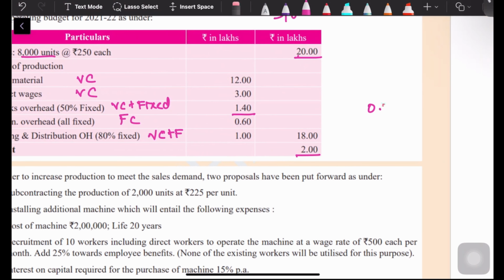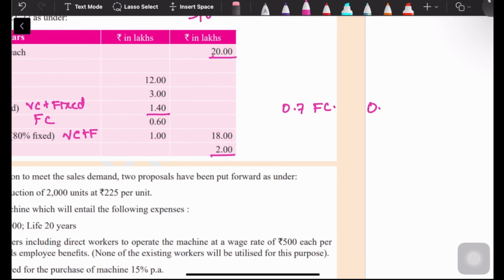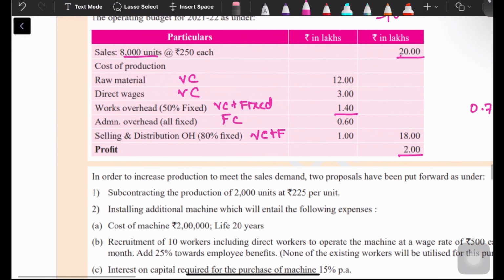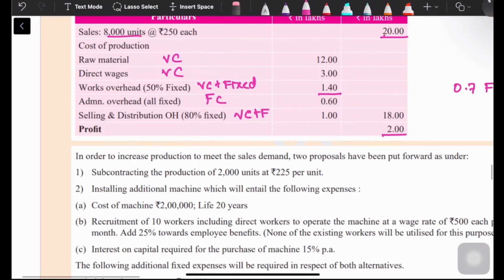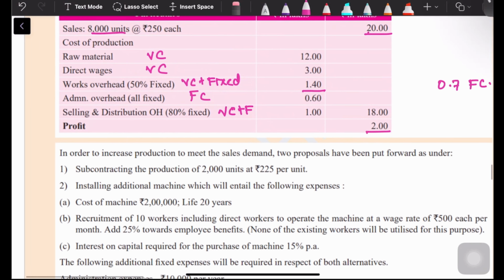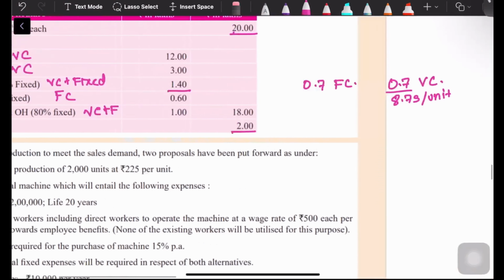So that means 0.7 is fixed. Then 0.7 is variable cost. So this is 0.7 lakh. 0.7 lakh divided by 8,000 units. 70,000 divided by 8,000, I will get 8.75 per unit. So works overhead is 8.75 per unit. Then administration overhead all fixed, nothing to do. Selling and distribution 80% fixed.